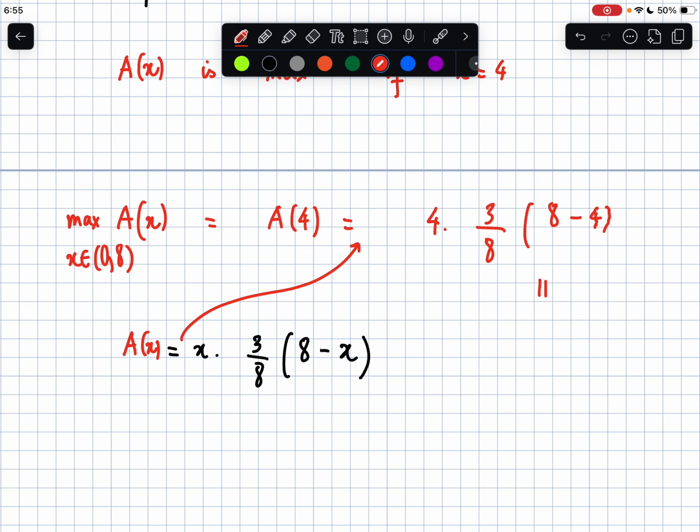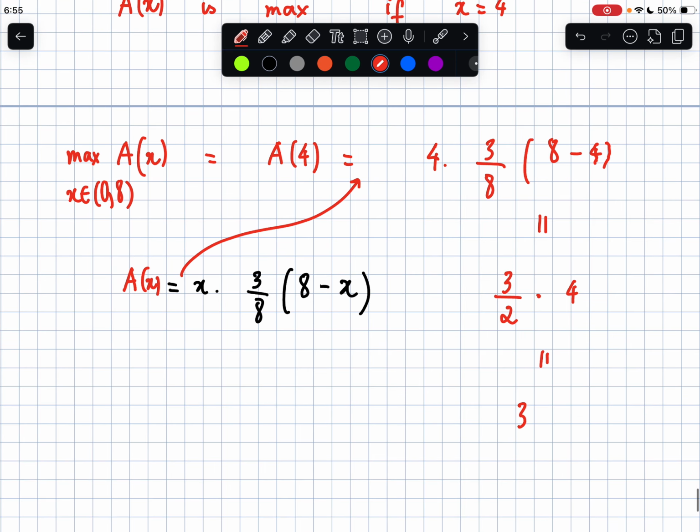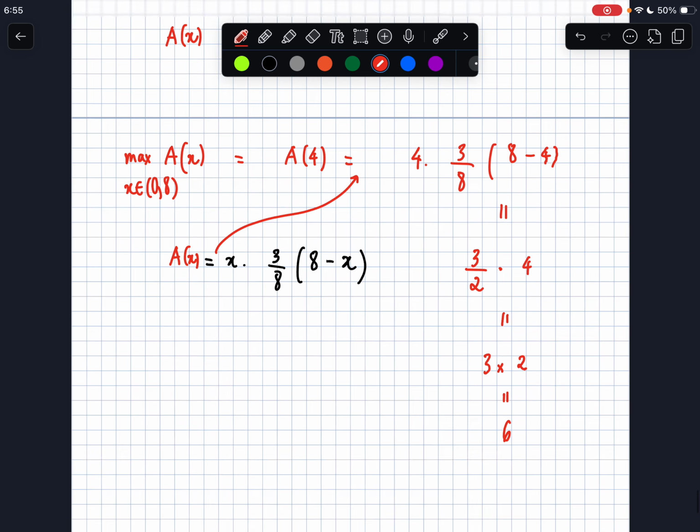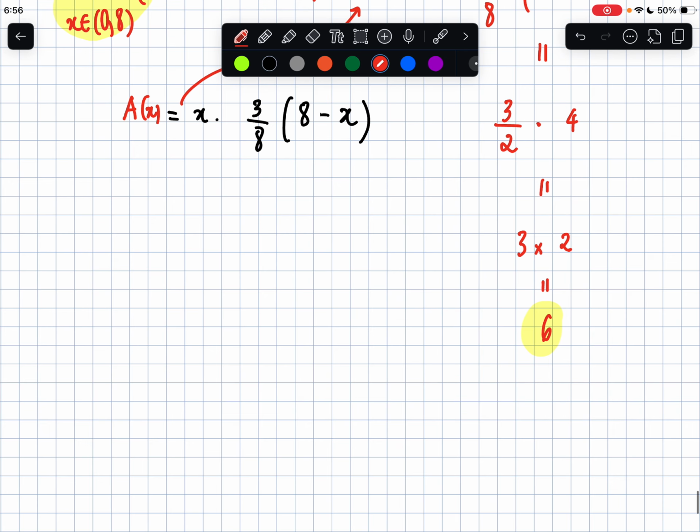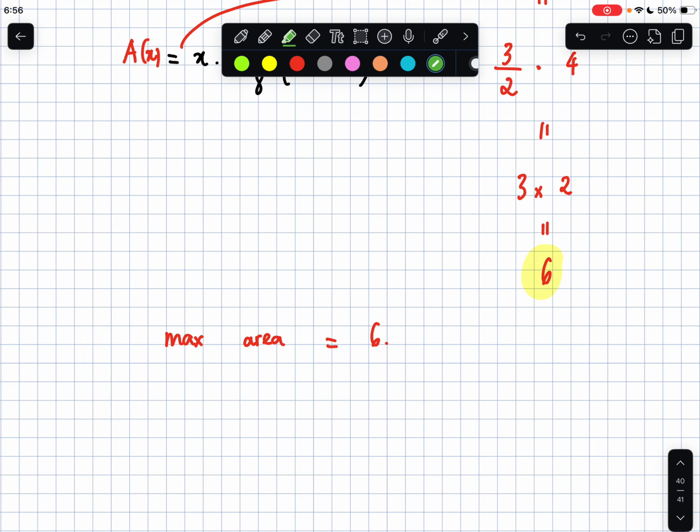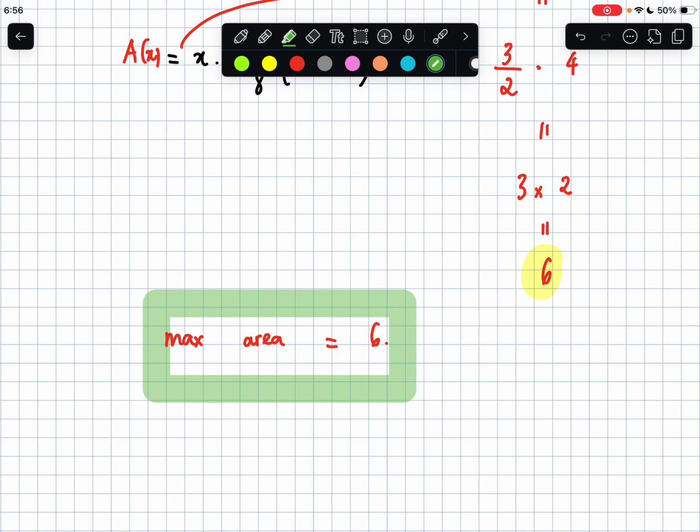This is 3 over 2 times 4, so 3 times 2, and the area equals 6. So our answer is maximum area equal to 6. That is the area of the largest rectangle. So this is our final answer.